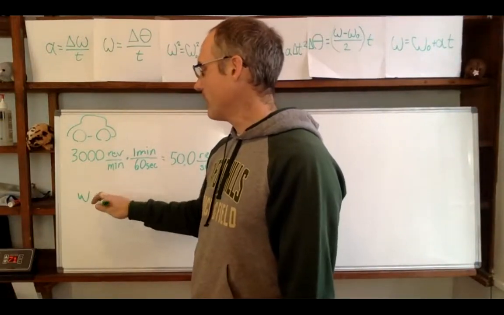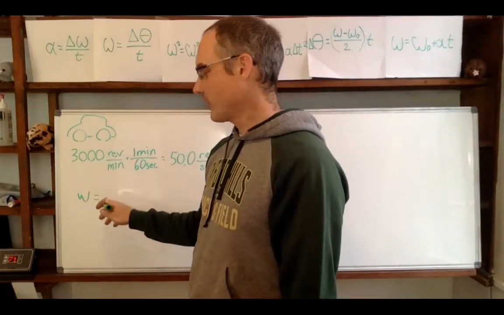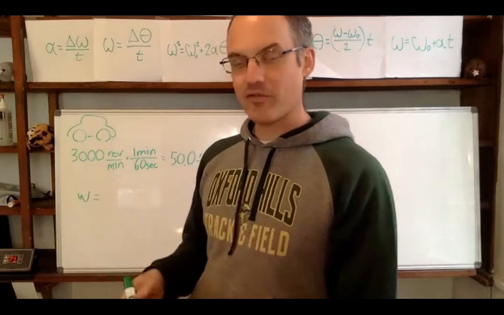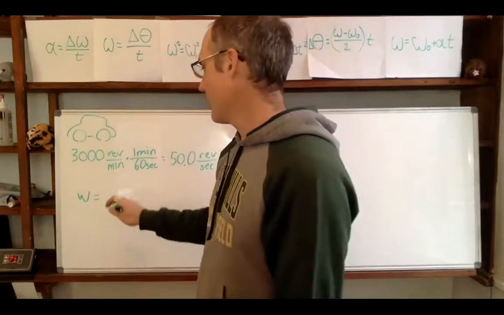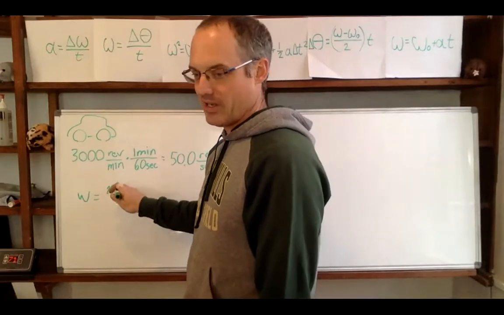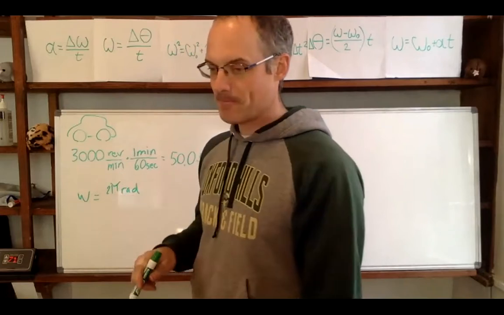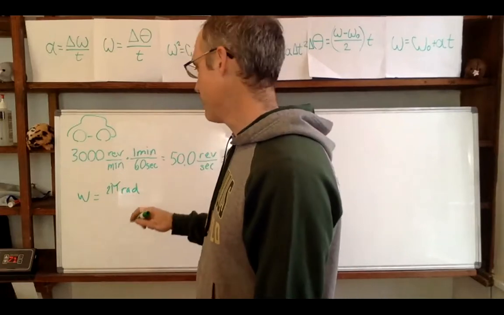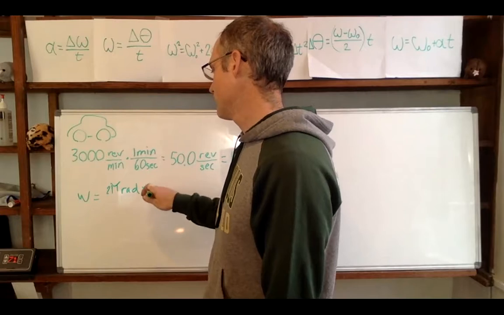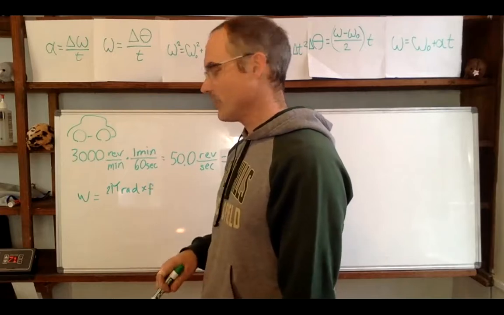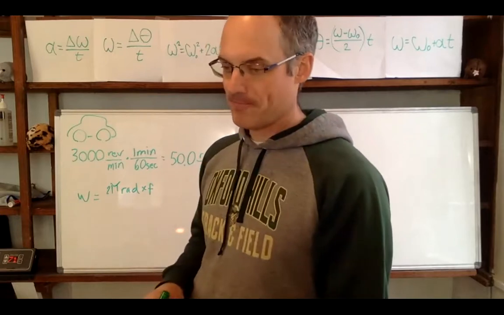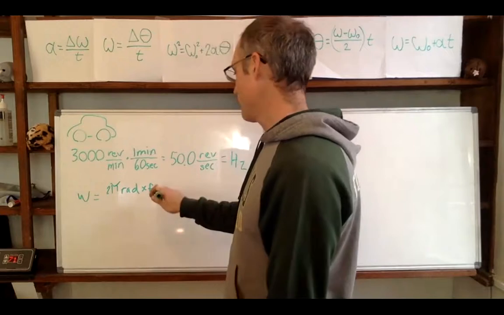All right, so we can calculate our angular speed, knowing that this is in fact our frequency, knowing that 2 pi radians times your frequency is equal to your angular speed. So let's put our number in there.